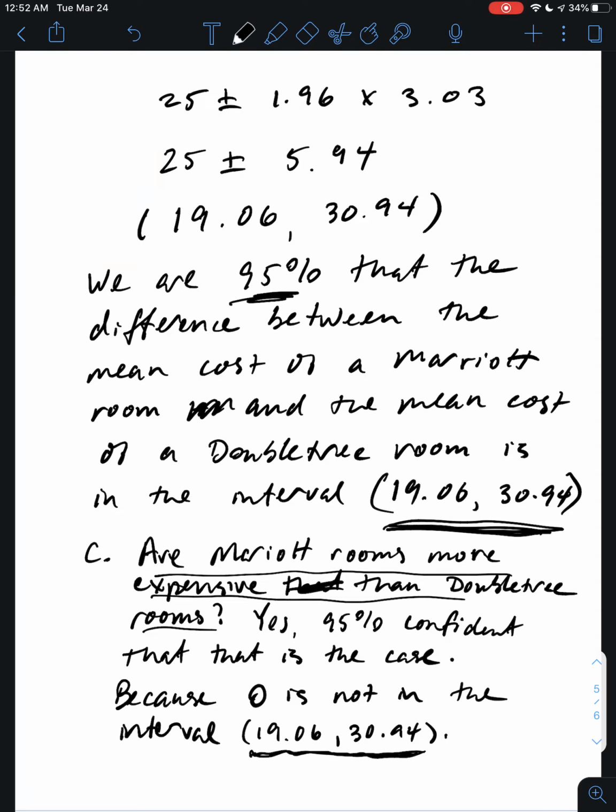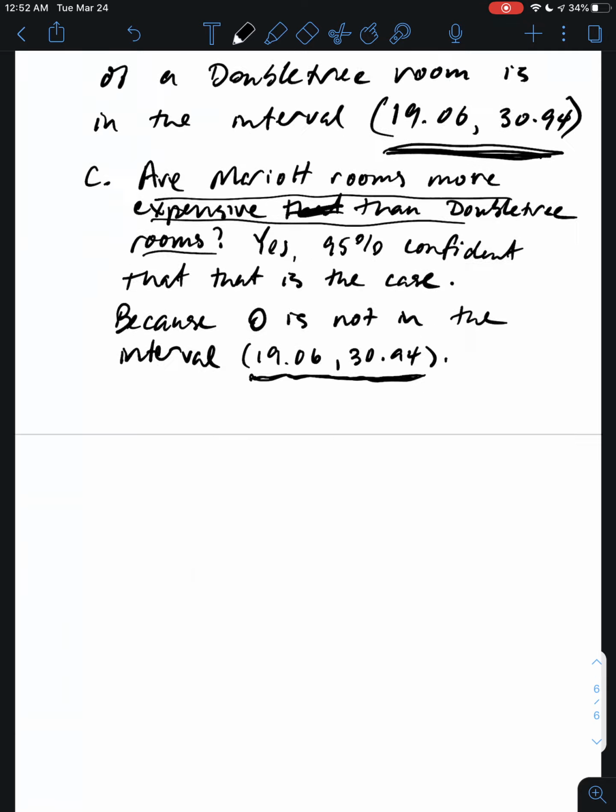So we're going to do the same thing now in part B. What we're going to do is look at the confidence interval for the difference in average room rates for the Westin and the Doubletree.